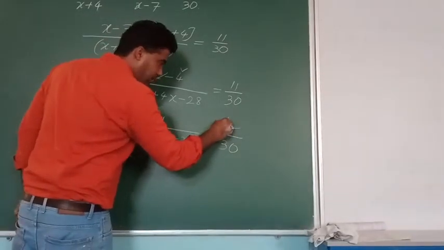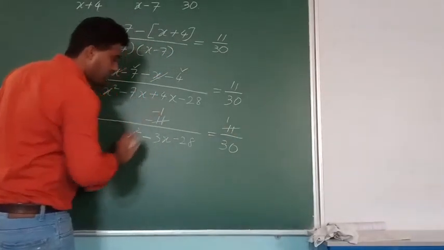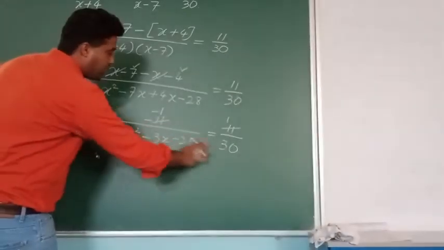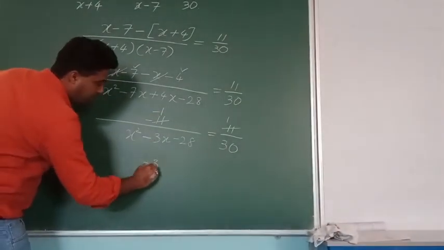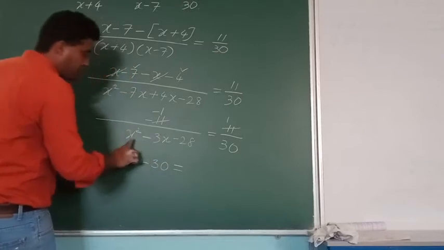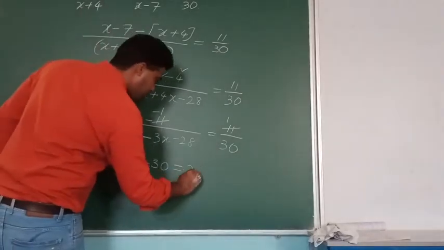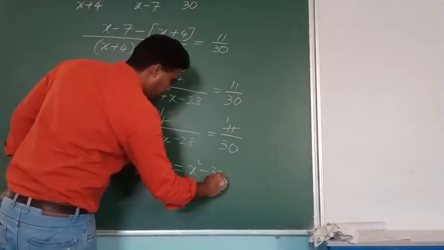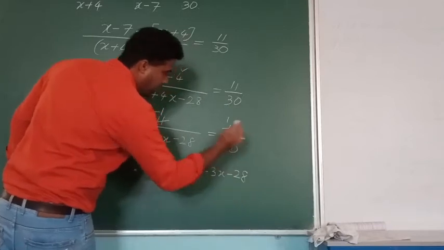What shall I do next? The equal sign is there, 11 ones are 11, so here minus 1 is left. So I will cross this side: minus 30 is equal to x square minus 3x minus 28.